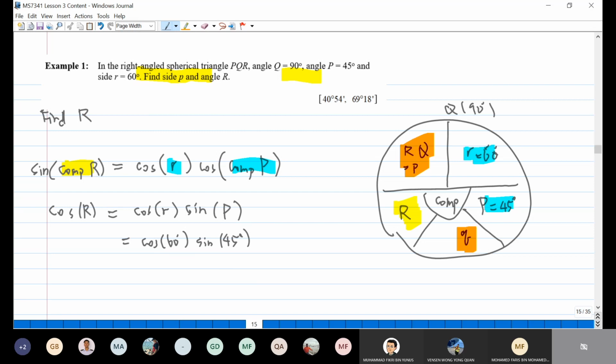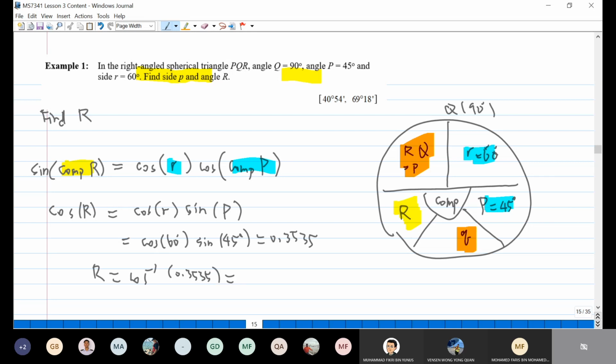Cosine of 60 times sine of 45. So this is equal to 0.3535. So R is equal to inverse cosine 0.3535.